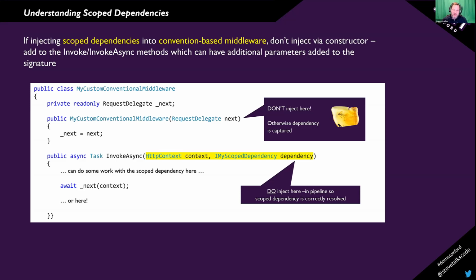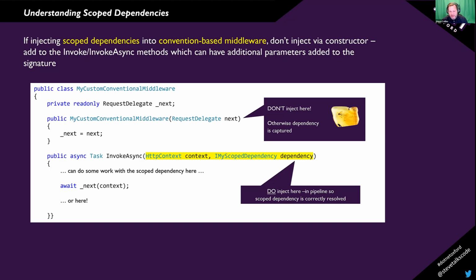With this type of middleware, you accept a request delegate in the constructor and then call it from within the InvokeAsync method, though it does support an Invoke method as well, but they both return Task. I never quite understood why there are two methods that do the same thing, but anyway. Inside that InvokeAsync, it uses that delegate to call the next middleware in the pipeline.